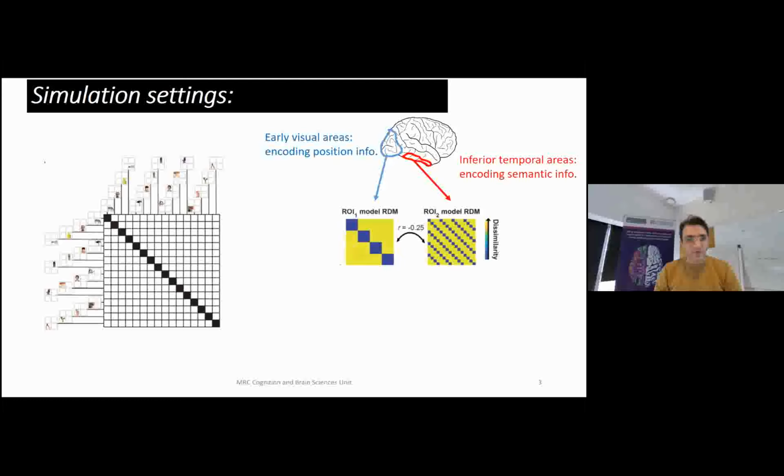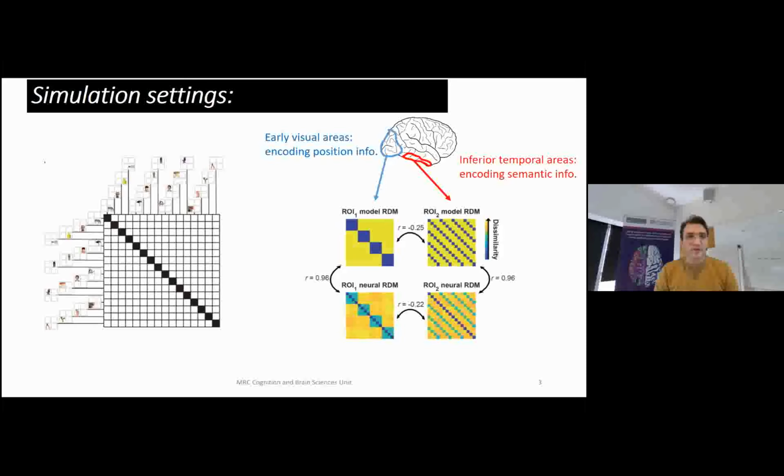So we hypothesize that these two kinds of information should be represented across the two ROIs. Based on these RDMs, you can see that they are negatively correlated to one another, meaning that they are reflecting two opposite, unrelated aspects of information.